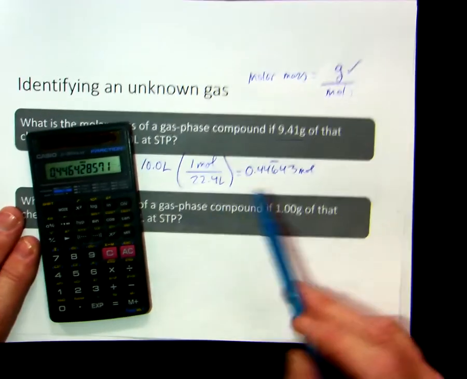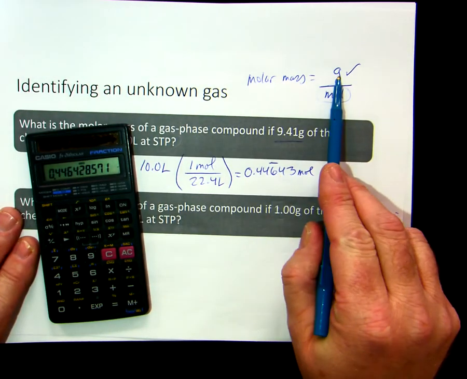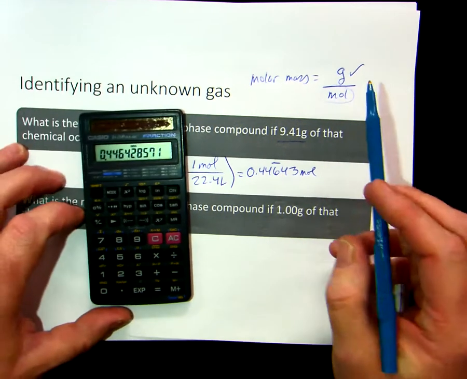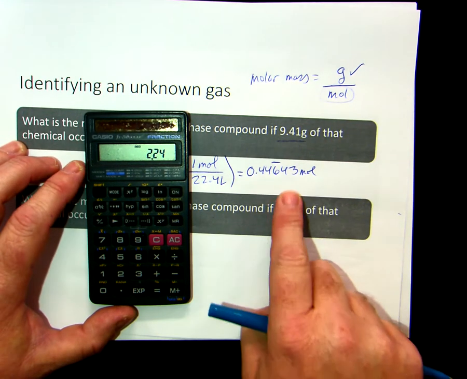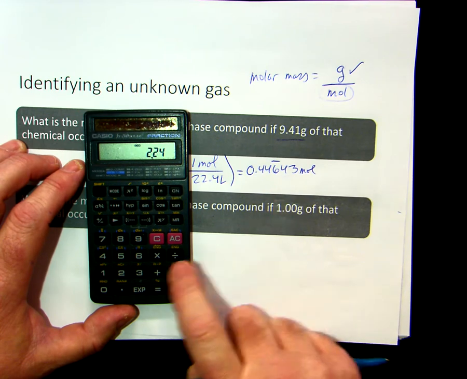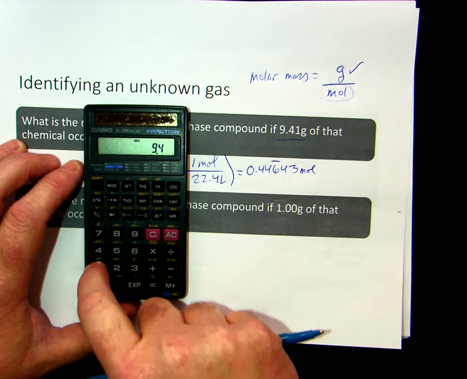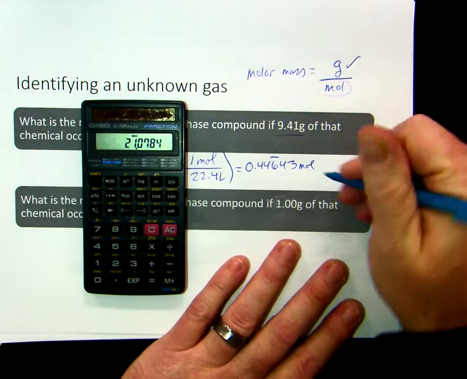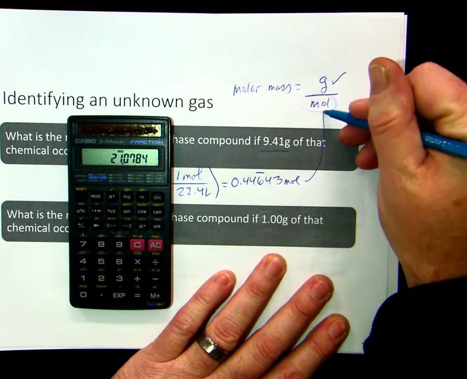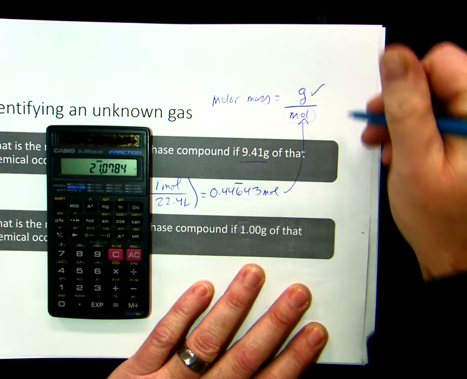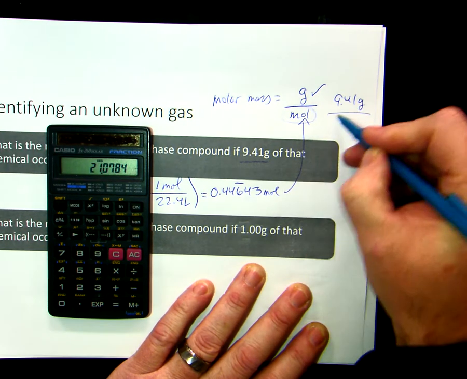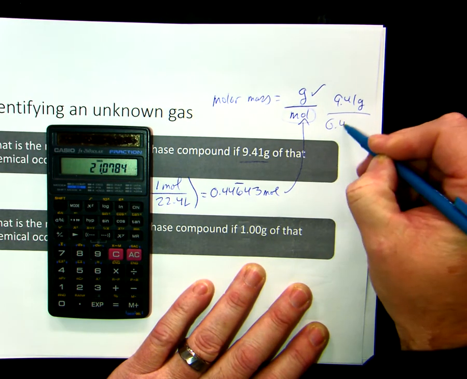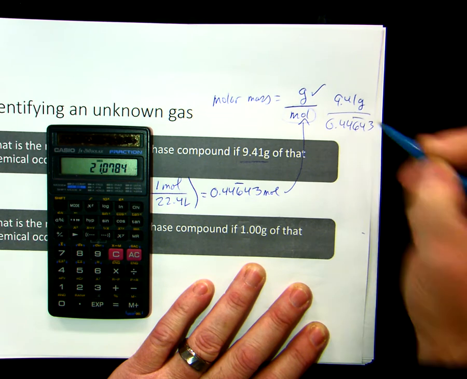So what I need to do is divide this number into grams. So if you know how to use the inverse function on your calculator, great. If not, make sure you keep some extra sig figs. So I get the answer when I divide this into there, and I have 9.41 grams from the problem over this value, 0.44643.